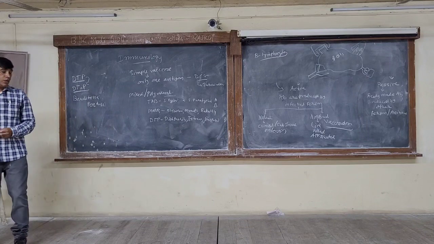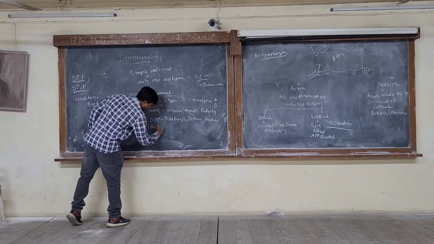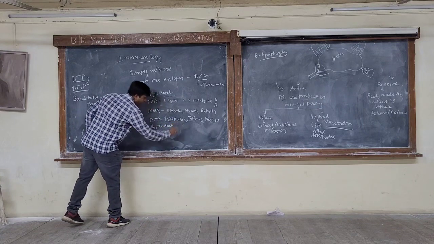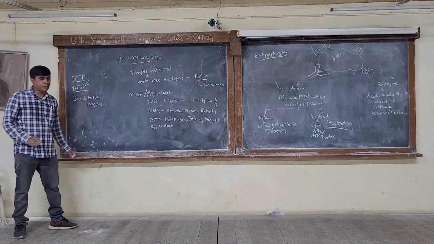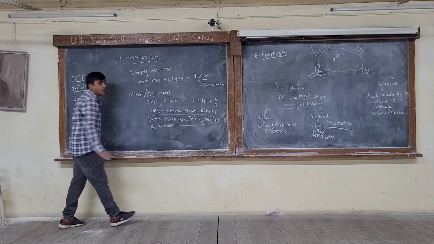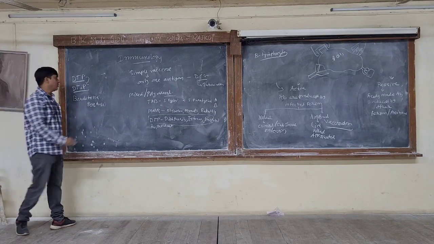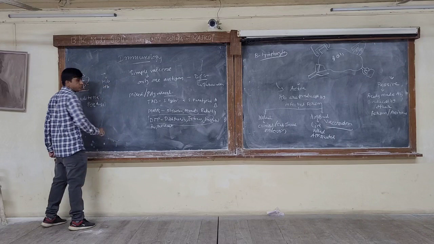Then currently we are having pentavalent vaccine in the market. Pentavalent contains 5 different antigens, 3 which are listed under DTP. Apart from that, there are 2 more. One is Hib and second is HepB.